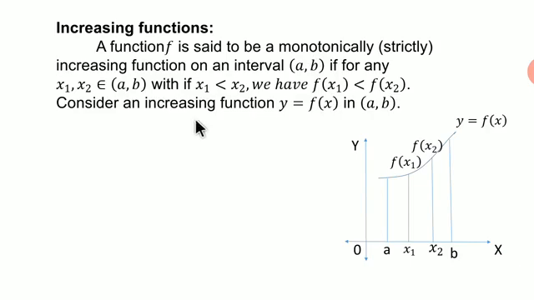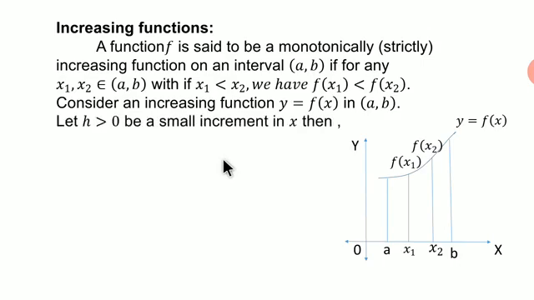Now consider an increasing function y is equal to f of x in a to b as shown in the figure. Let h greater than 0 be a small increment in x. Then x is less than x plus h, because h is the small increment. So obviously x plus h is greater than x. Here x represents x1 and x plus h represents x2.